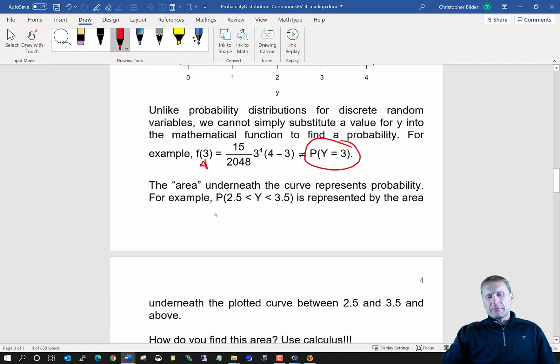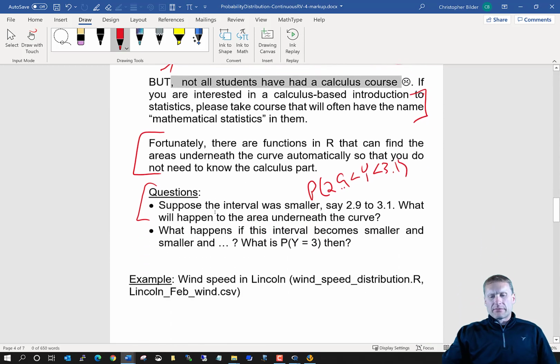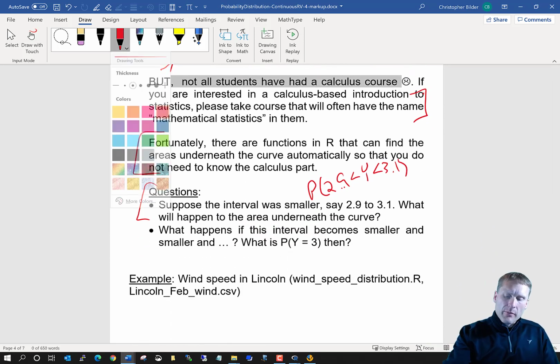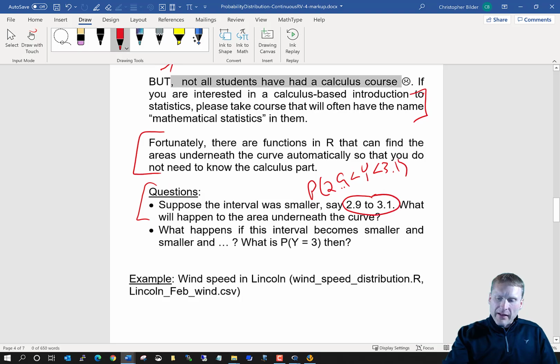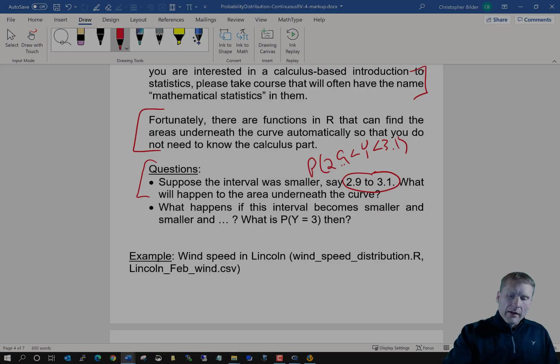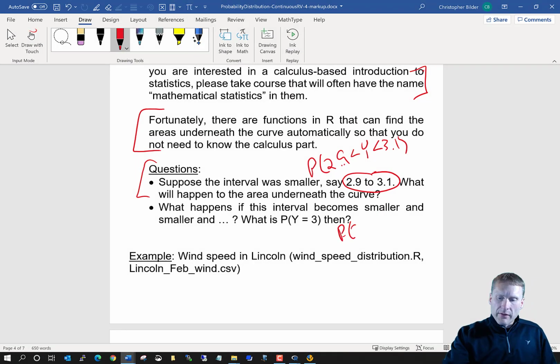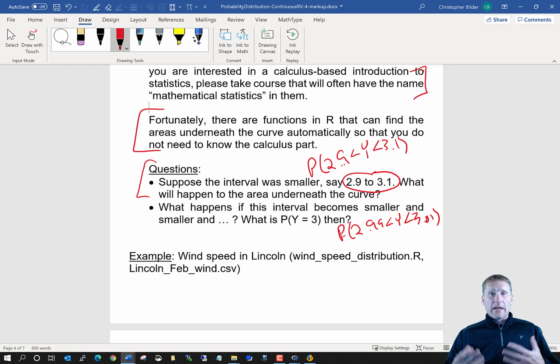Now, what would happen if I try to make this interval I'm looking at even smaller? Let's say instead we're at the probability of 2.99 is less than y is less than 3.01. Again, you would expect that corresponding probability to be smaller than when it was up here. And we could keep on going, making that interval even smaller, and eventually that probability is going to get as close to 0 as possible.